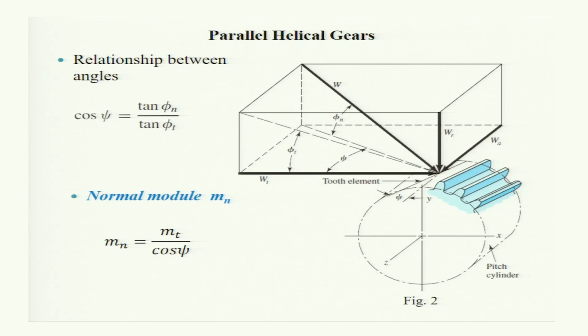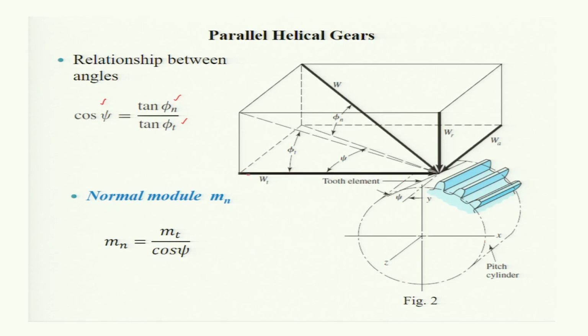Now, some relationships. We have the helix angle, we have a normal pressure angle, we have a tangential pressure angle. So, what is the relationship between them? That can be obtained from the force diagram on the helical gear. Here a helical gear is shown, these are the teeth of the helical gear, different teeth. This is the pitch cylinder.